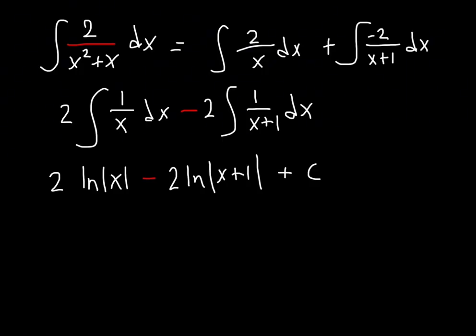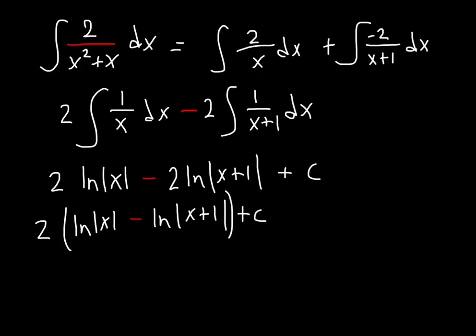From here we can just factor out a 2, so I have 2 times ln of absolute value of x minus ln of absolute value of x plus 1, plus c.